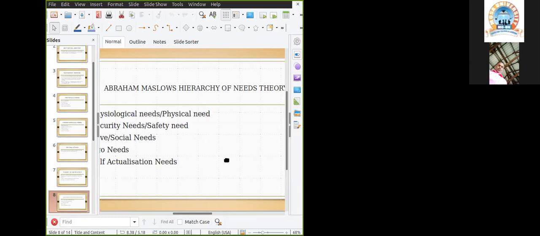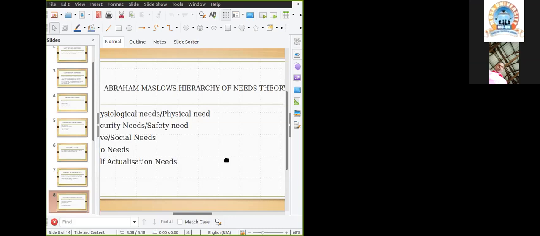So in this hierarchy, according to Mr. Maslow, the first basic needs of human beings are referred to as the physiological needs. The physiological needs are also referred to as the physical needs.